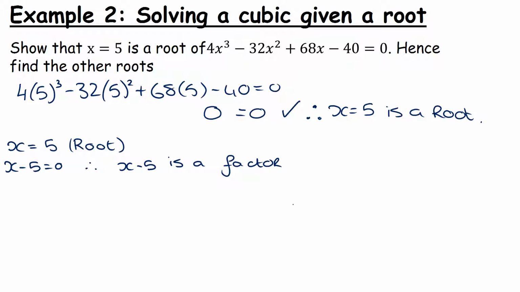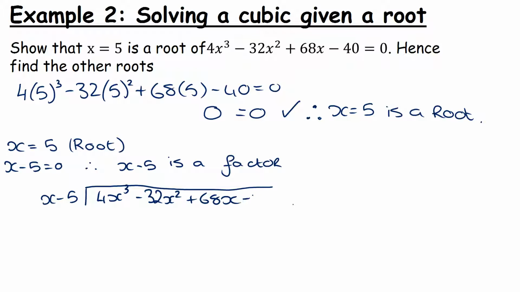In order to find the other factors, we must first divide x minus 5 into 4x cubed minus 32x squared plus 68x minus 40.